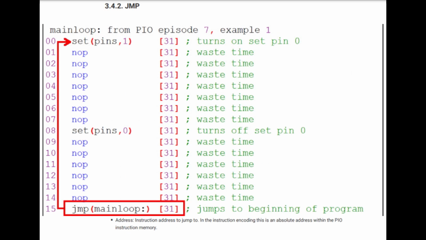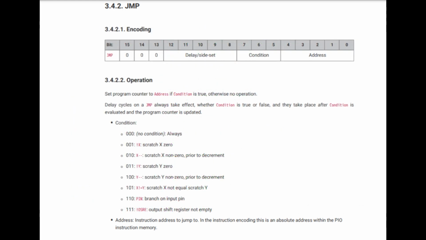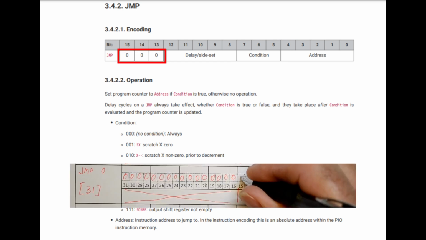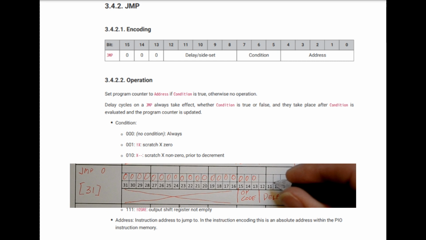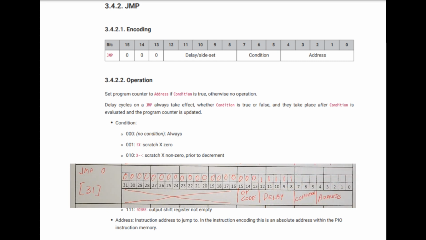Then 6 more no-ops precede a jump instruction which points the PIO program counter back to the beginning of our blinking program, which is location 0. Referring to section 3.4.2, we see that bits 13 through 15 are 000 and bits 8 through 12 are 11111 for 31 additional clock cycles.